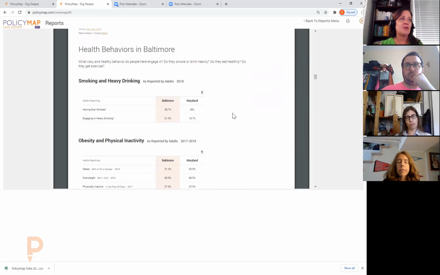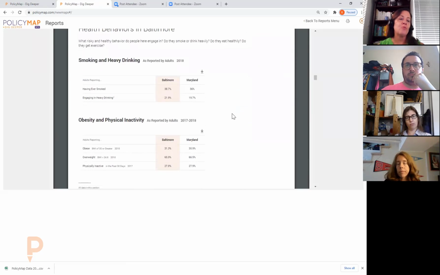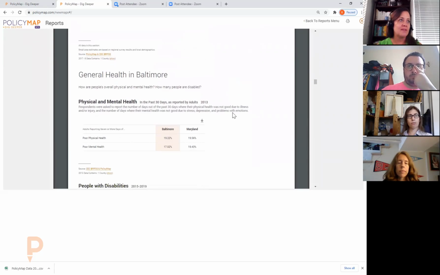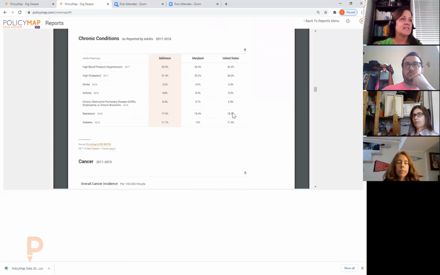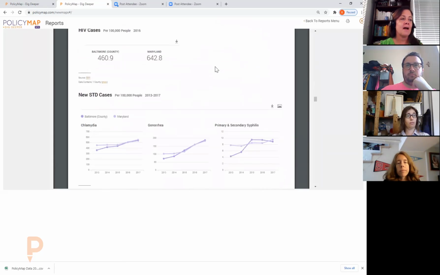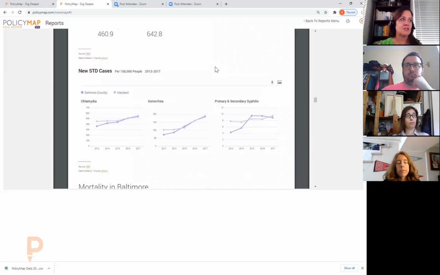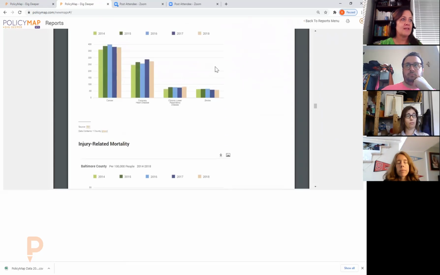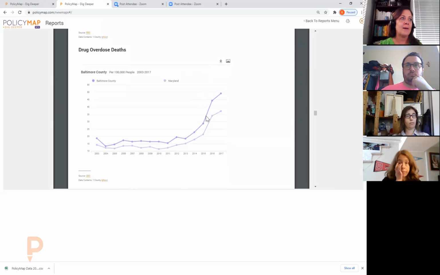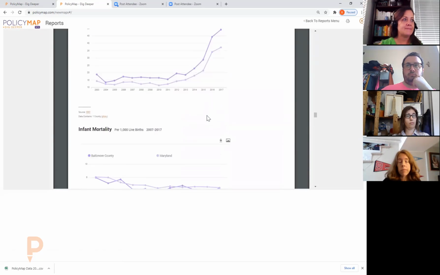So this community health report isn't available within your trial, but I can send you a copy of that so you can look through it. But there's lots of really interesting data here about all those chronic conditions that I mentioned before, cancer rates, data about sexually transmitted diseases, mortality rates, data related to drug overdoses.